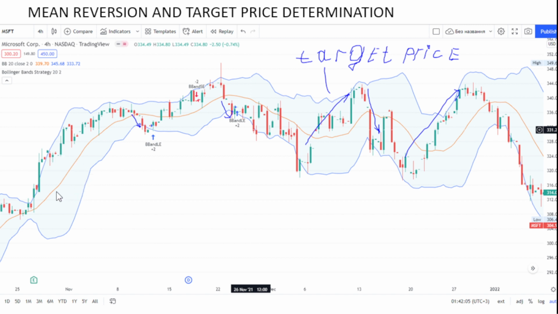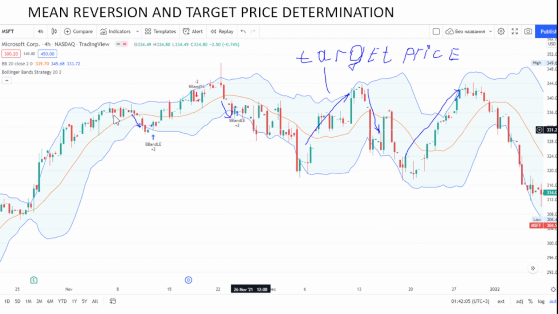So here you can see the 20 period moving average. It's the yellow line, and you can see how price behaves around that, right?